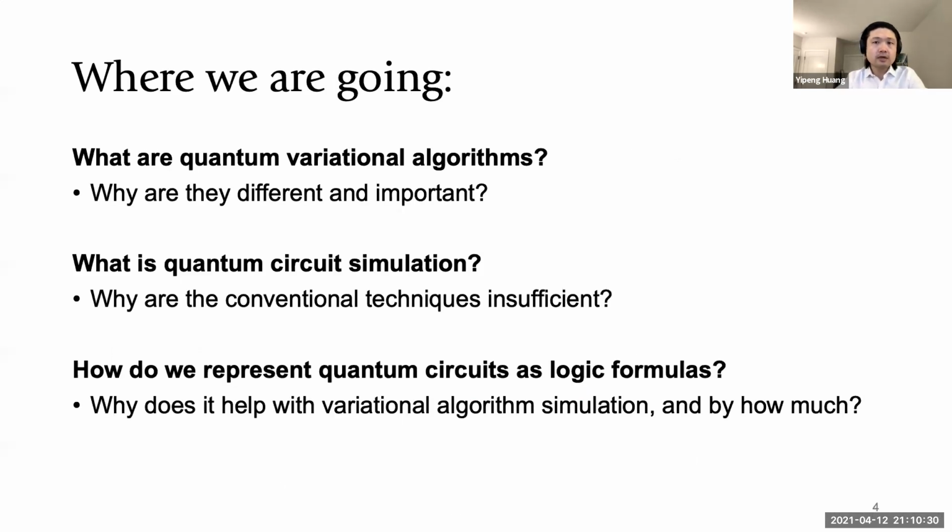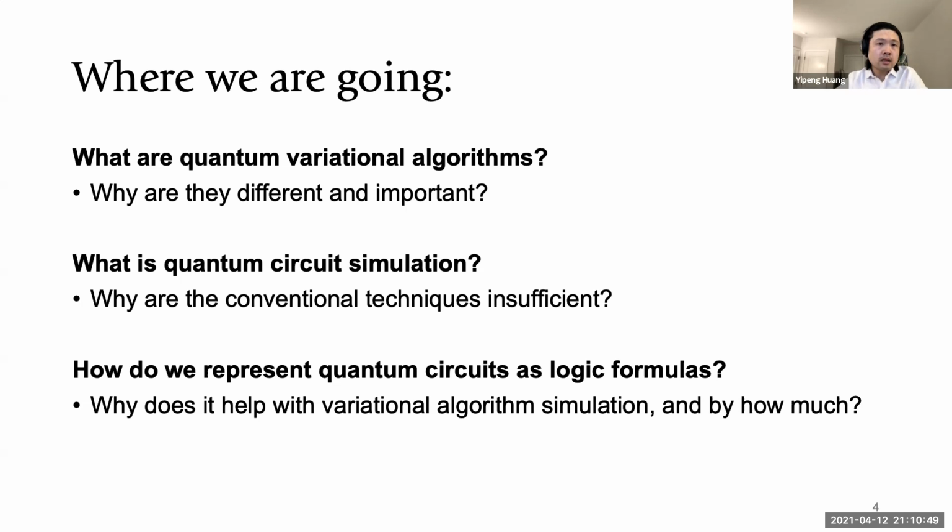So here's an outline of our talk today. We're going to go through several important pieces of the talk. First of all, I want to tell you about why variational algorithms are important in the near term. What are the special properties that make them useful on near-term quantum computers?